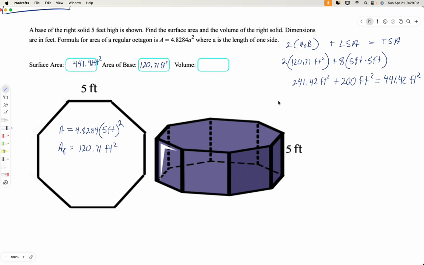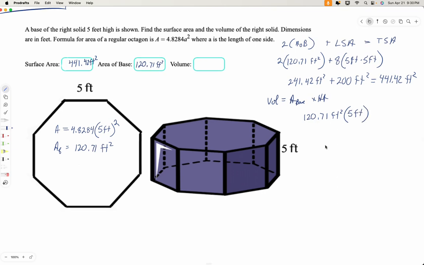Now, to find volume, we know volume is equal to the area of the base times the height. So the area of the base, we have it here, 120.71 feet squared, times the height, 5 feet. So we're going to multiply that.